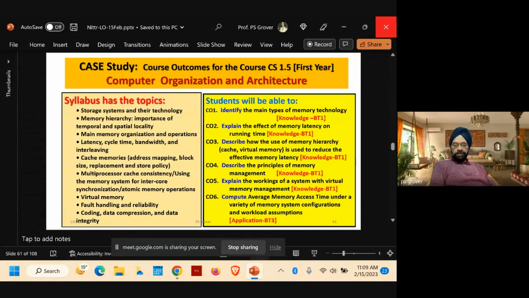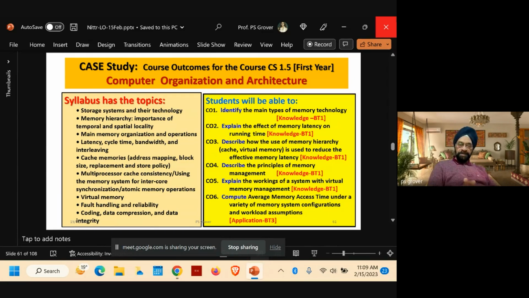Now, course outcomes may be 5, 6, and on the left side you will see CO1. Identify the main types of main memory. Identify only. It's at the knowledge level. CO4, describe, again at the knowledge level. CO6, compute, it's at the application level.